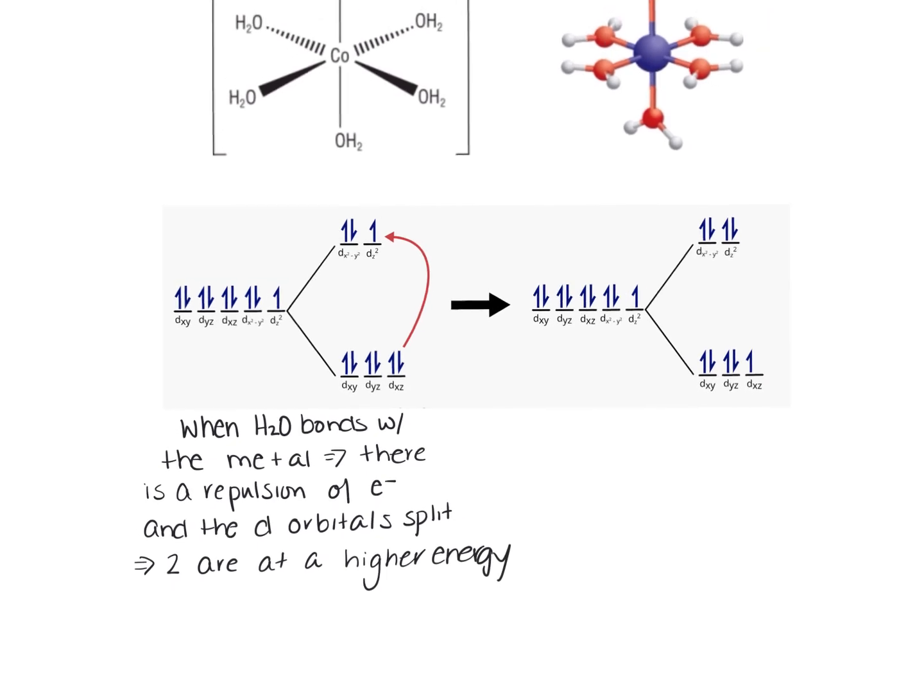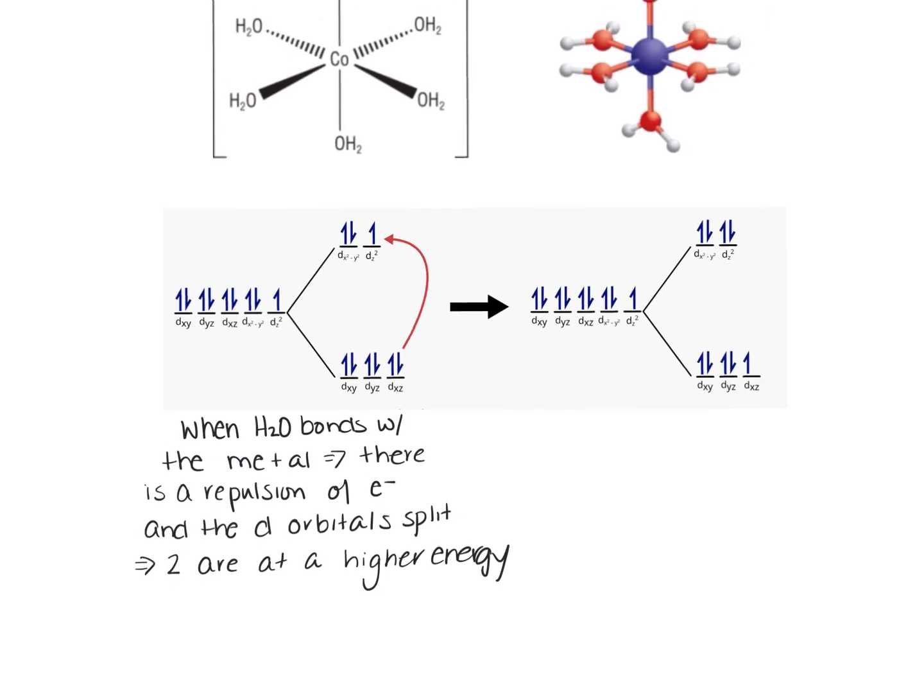Because of that repulsion, that raises the energy of 2 of these orbitals, so they're split into 2 groups. And if they are not full, then what can happen is an electron can go from this energy level to this energy level. So it can absorb energy.